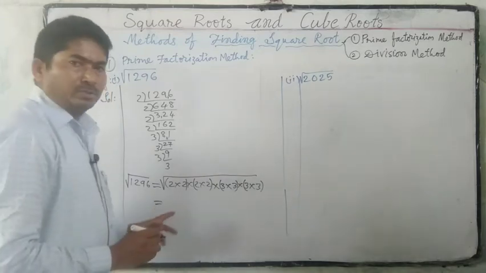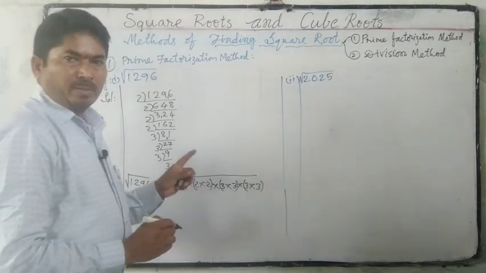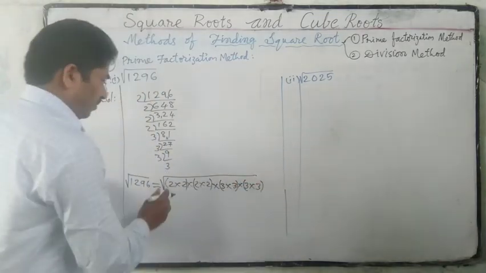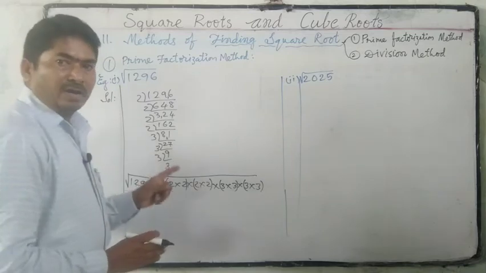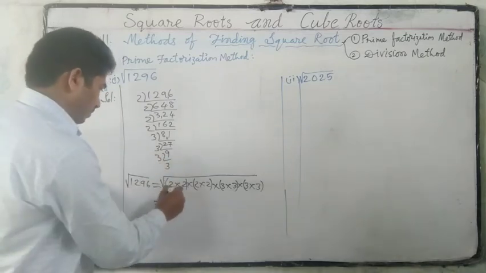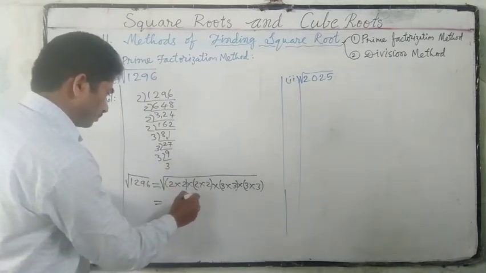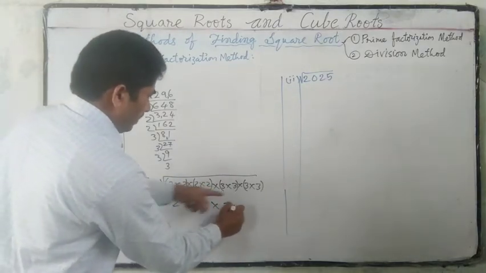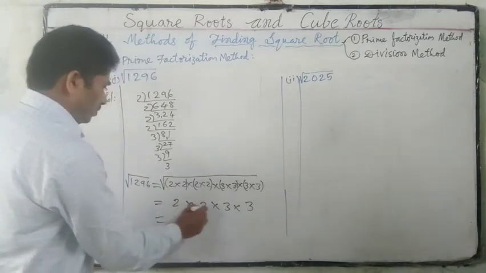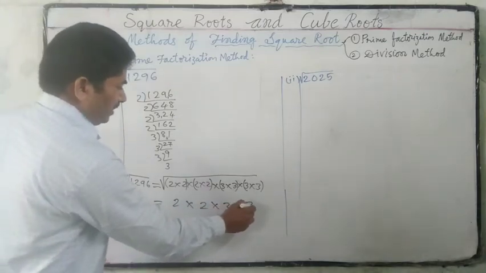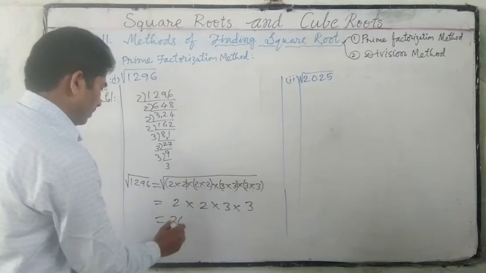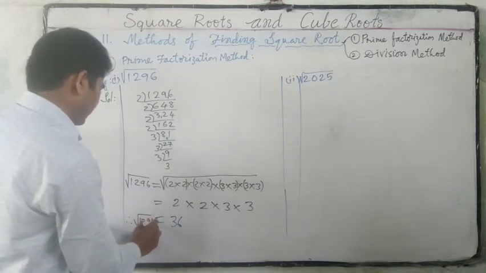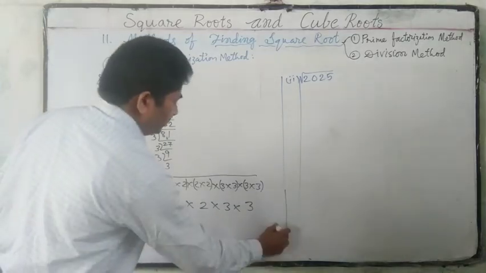We have to choose one out of each pair. So one 2, one 2, one 3, one 3. 2 into 2 is 4, 4 3s are 12, 12 3s are 36. So square root of 1296 is equal to 36.